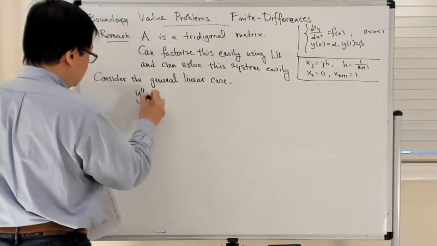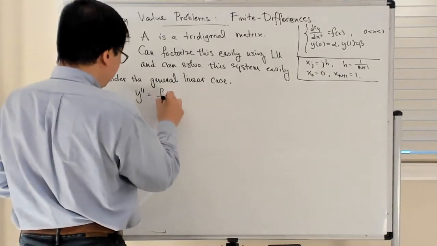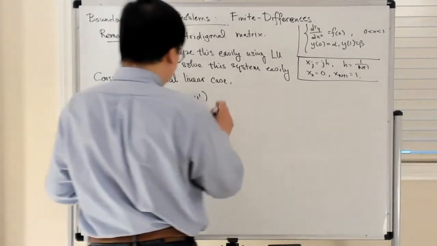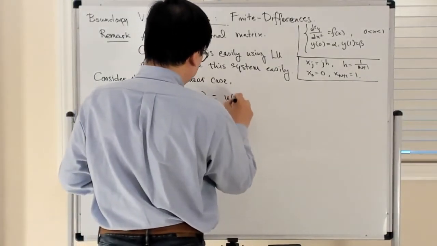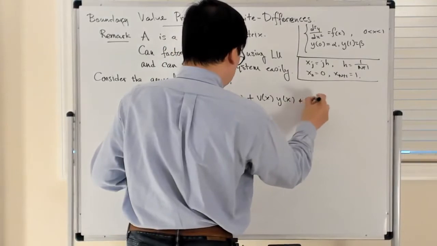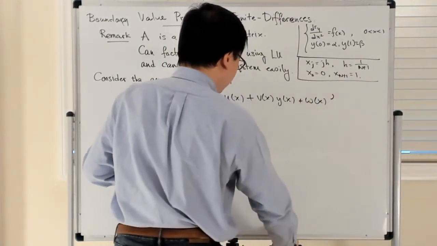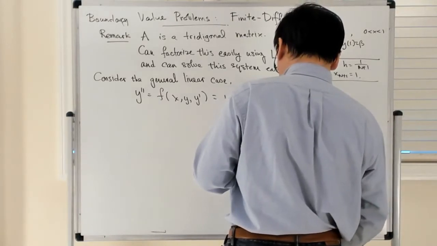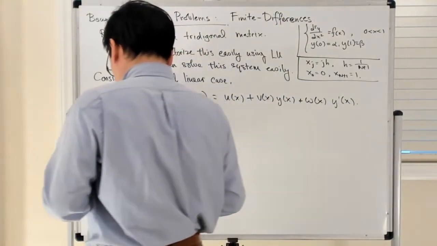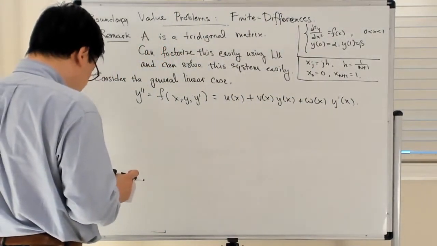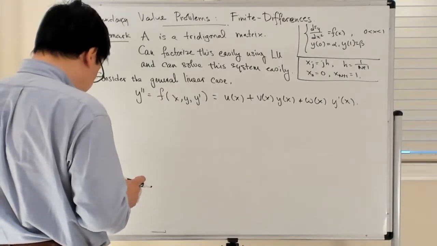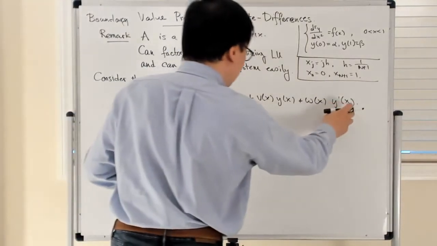So if you have y double prime equal to f of x, y, and y prime, and it happens to be linear, then you can write this as u of x plus v of x times y of x plus w of x times y prime of x. We already saw how you can approximate the second derivative. Now you're going to have to approximate the first derivative as well.